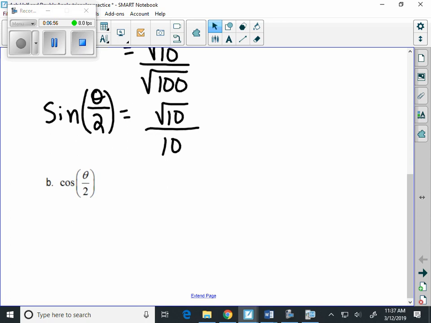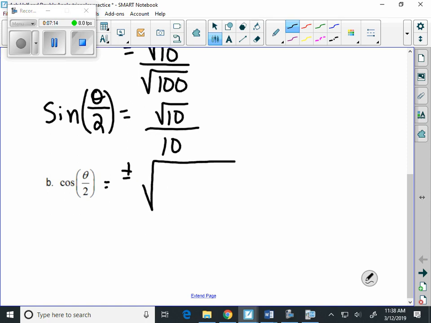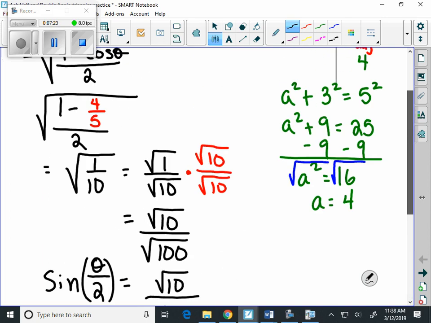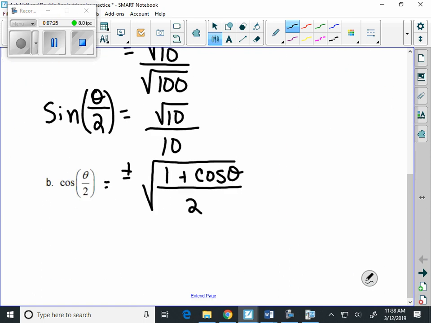But the cosine of theta over 2, let's look back at our papers and identify what the cosine of theta over 2 is. We look back at our paper and we see that our formula is going to be plus or minus the square root of 1 plus cosine of theta divided by 2. We recently found that the cosine of theta is 4 fifths.